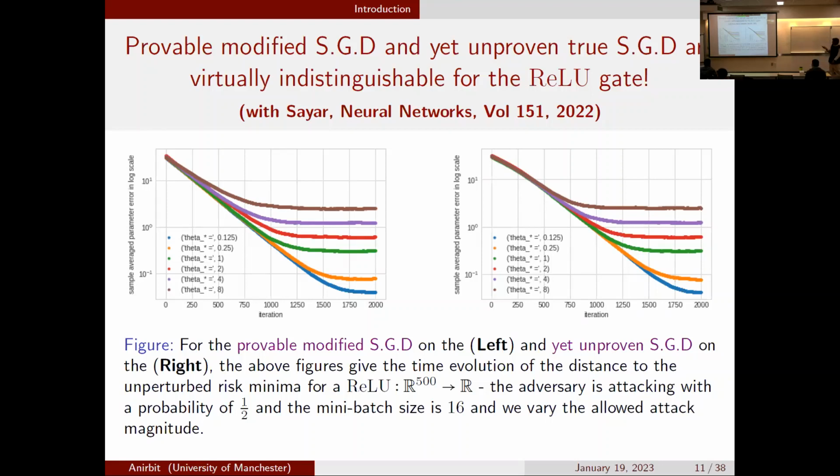While the right-hand side picture is still not proven, for the left-hand side we can give a proof. So one might say that in terms of stochastic processes, we realized experimentally that these stochastic processes are probably very close to each other. But one of them is provable and the other is not, while they differ in the specification just by a very small term. And that's enough to make the theory possible or not.